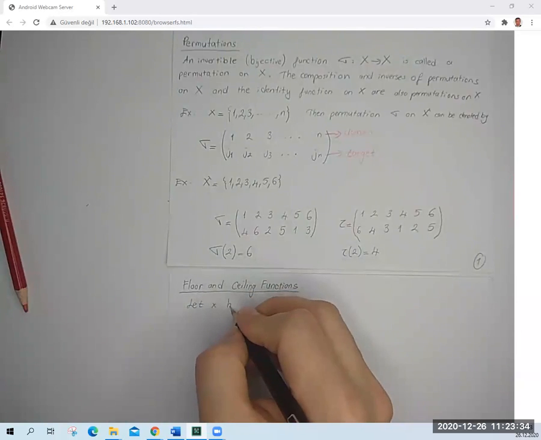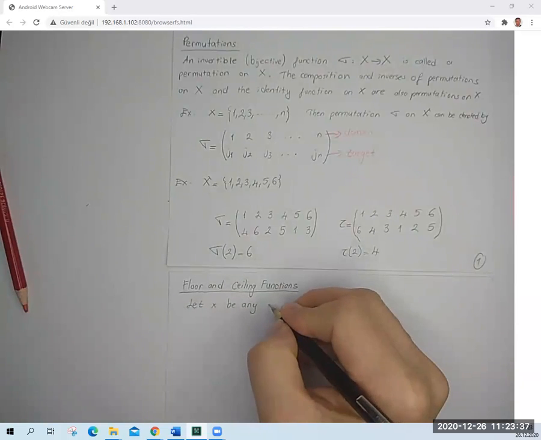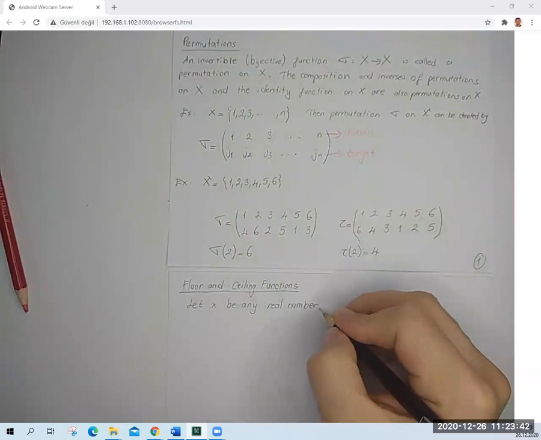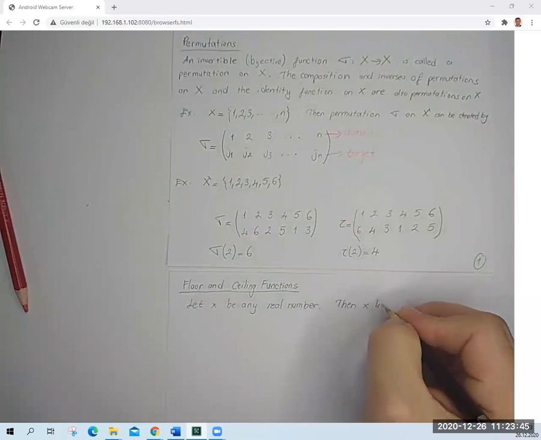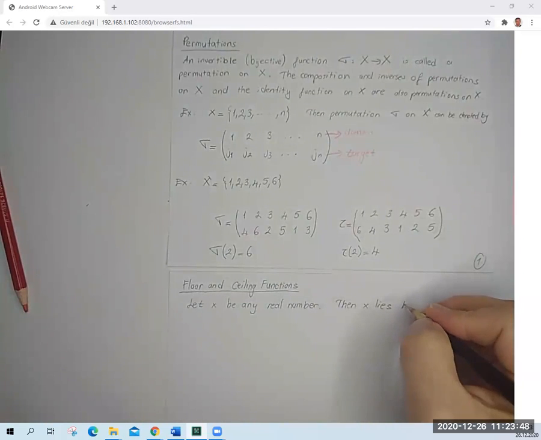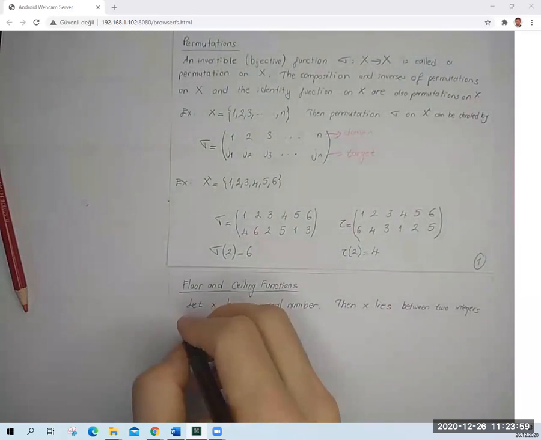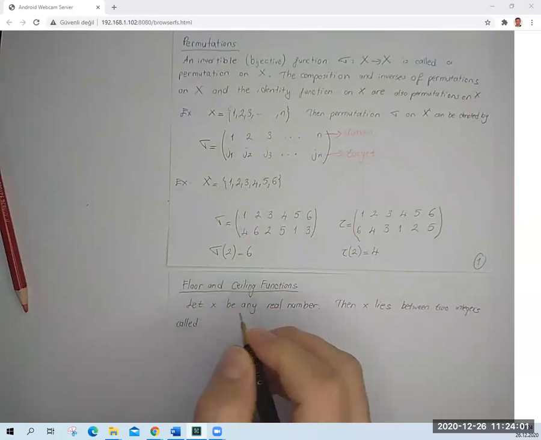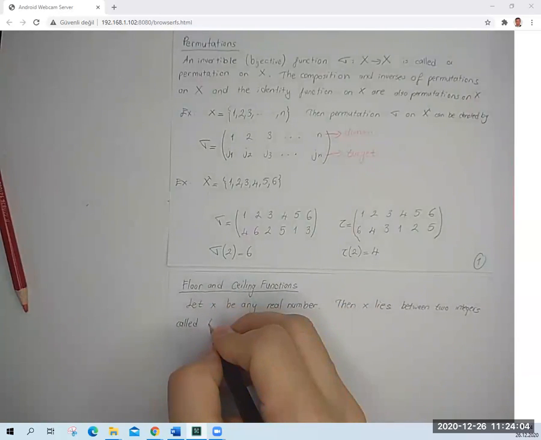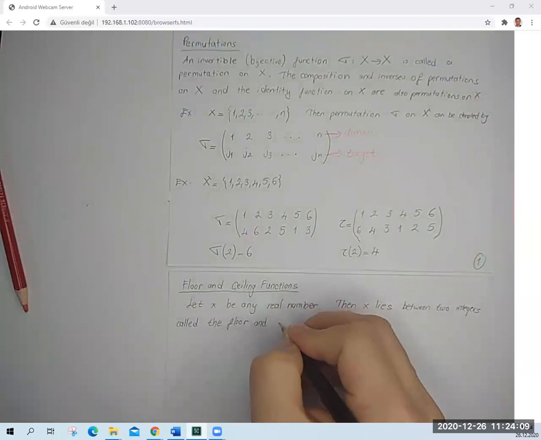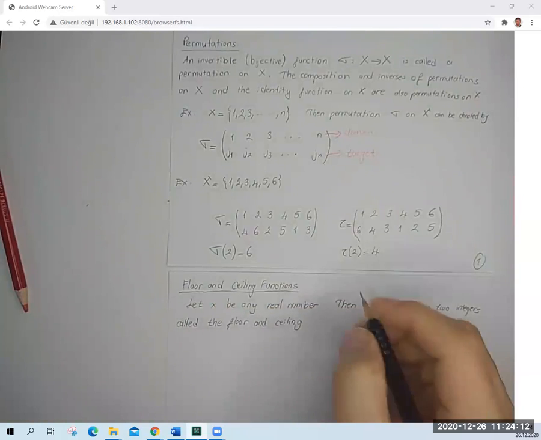Let x be any real number, then x lies between two integers called, of course, the bottom and top values, we will say the floor and ceiling of x.